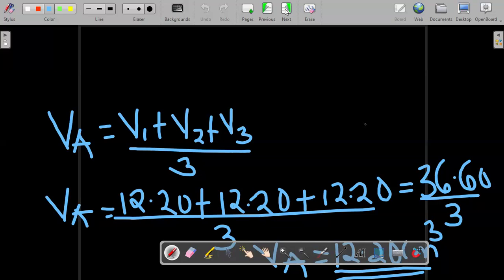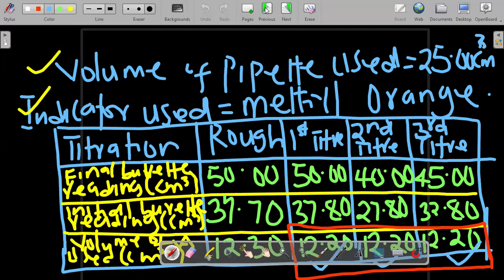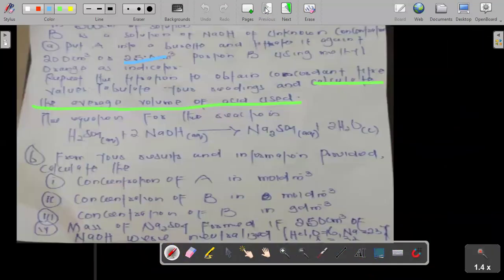I'm done. Okay. All right, let's go back. So this is what is expected of you to do with question A. If you can do this correctly tomorrow, you have your complete 10 marks, starting from volume of pipette used, indicator used, then the table. You have your complete 10 marks.